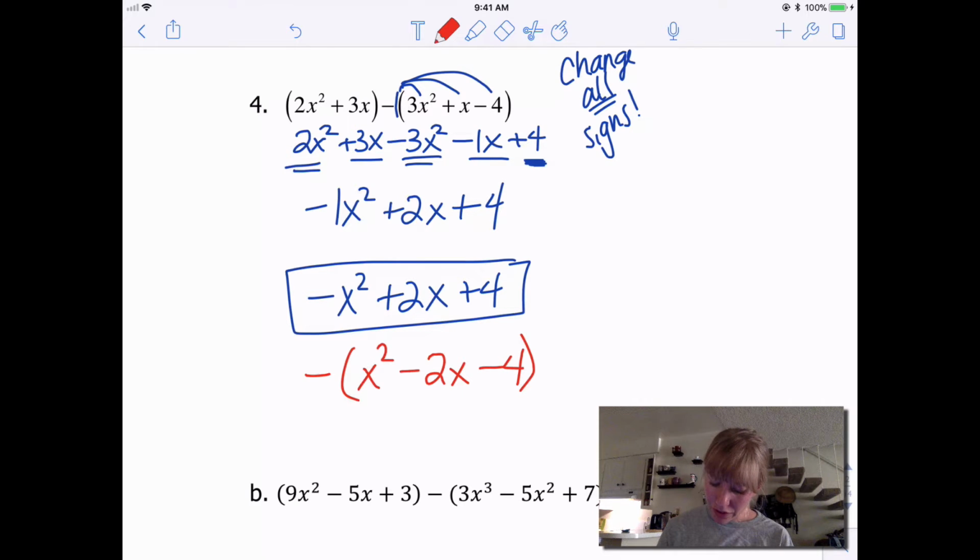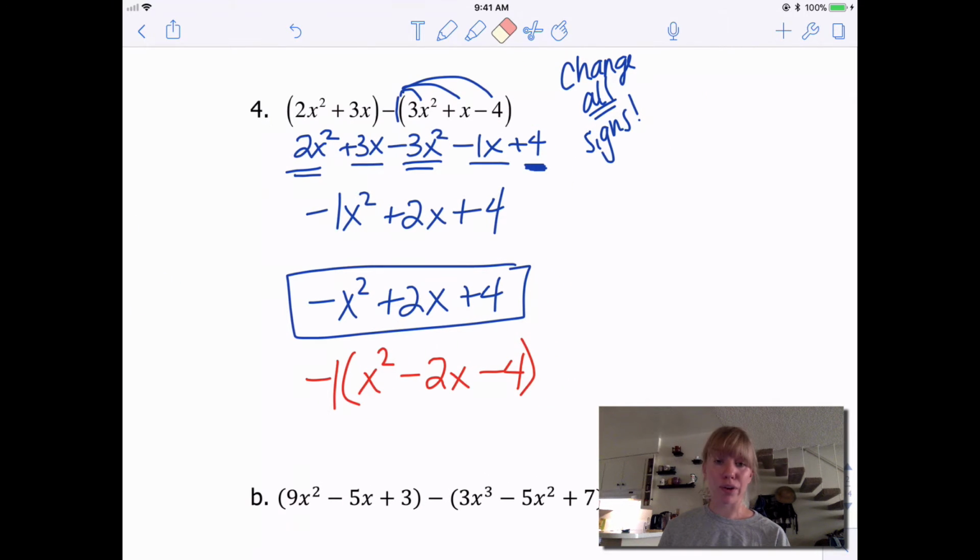But if I look at this red one, if I distributed in a negative 1, I would get right back to my blue negative x squared plus 2x plus 4. So sometimes books will like to write it in the way that it's written at the bottom. Just know that that's going to be exactly the same as our answer in the blue. So I'm okay with either one of these.